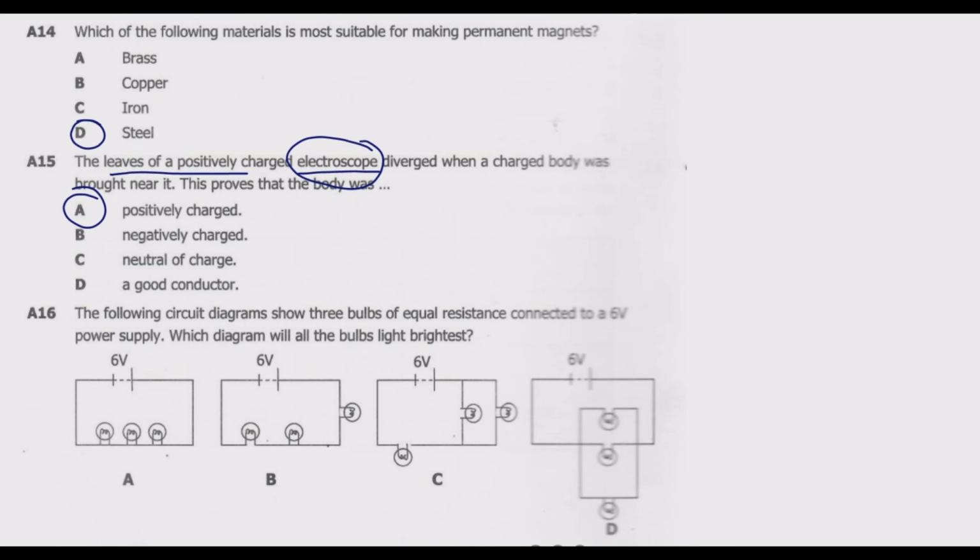Number 16. The following circuit diagrams show 3 bulbs of equal resistance connected to a 6-volt power supply. In which diagram will all the bulbs light the brightest?